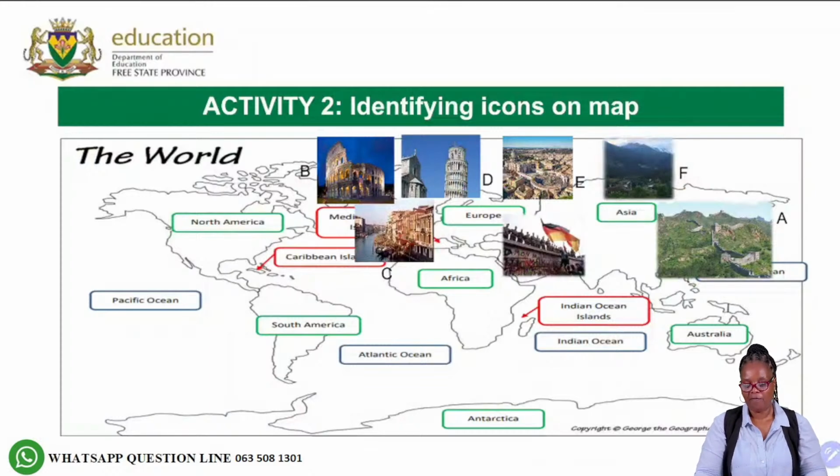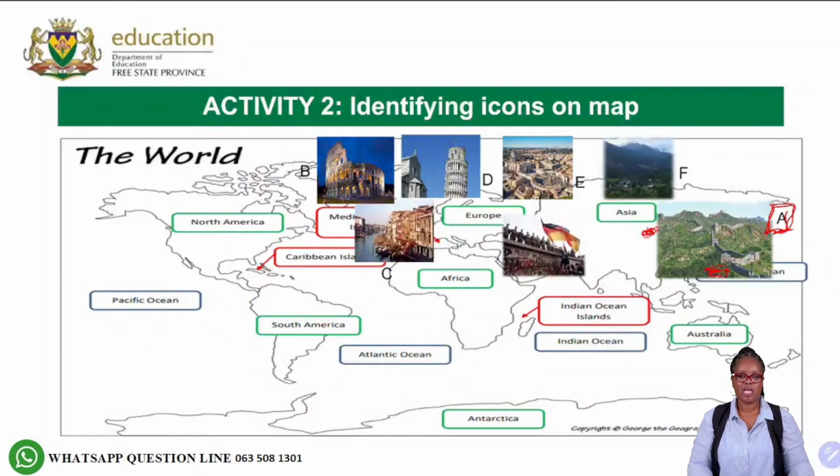The first one, we have A here. This is our A. Let's identify which icon is this. Look nearby. You can see Australia is far away. We have Asia here. Which icon looks like this? From the picture, you have to know the name.